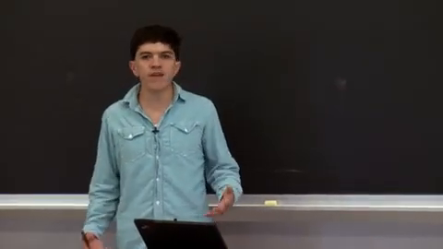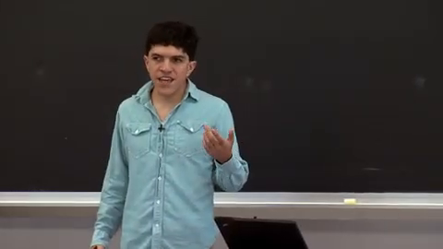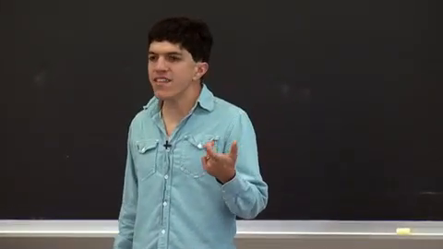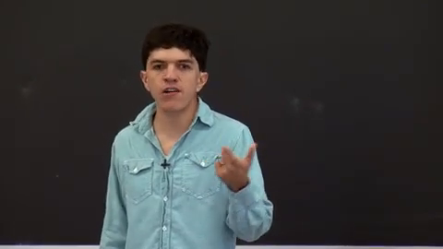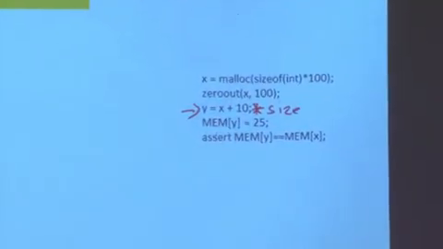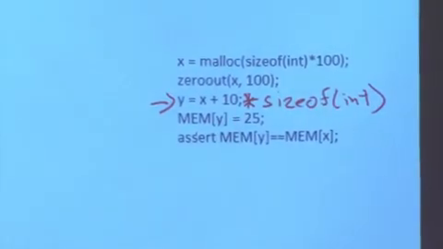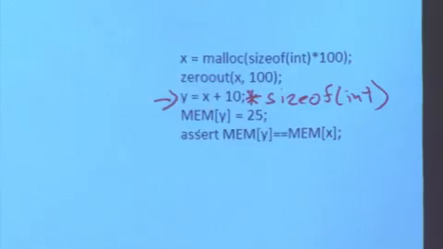In practice, there's a little bit of desugaring that has to happen, because in C the pointer arithmetic actually knows about the types of the pointers, and things will be incremented proportional to the size. So this would actually be x plus 10 times the size of int. But what's really important is what happens when you're reading and writing from memory.